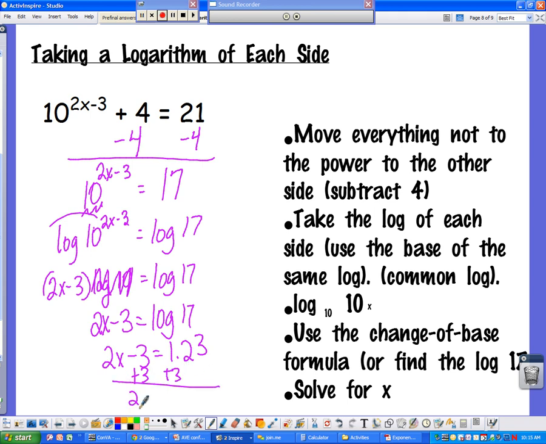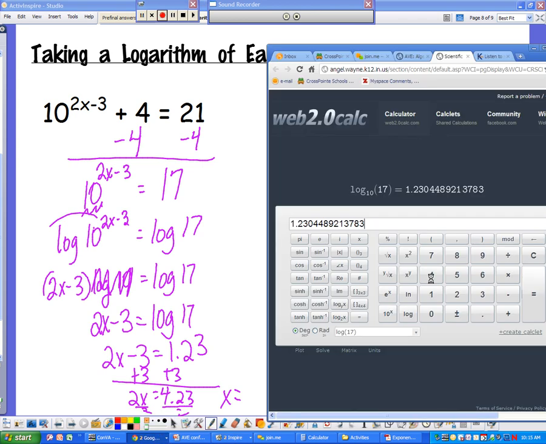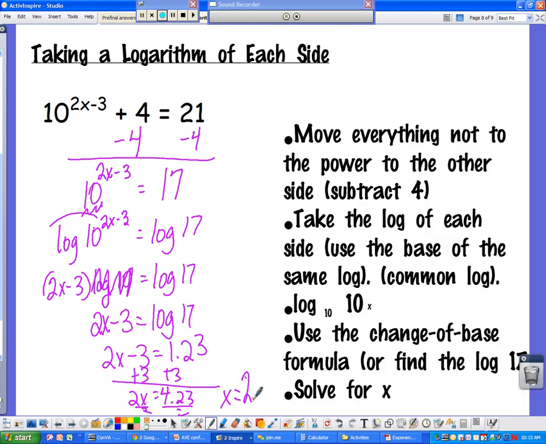So 2x equals 4.23, and then divide by 2. So x in this case is 4.23 divided by 2, which gives me 2.115. That's my final answer.